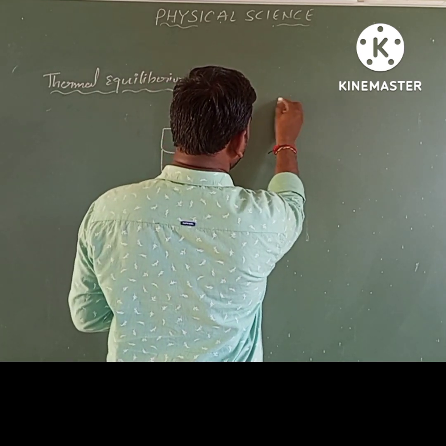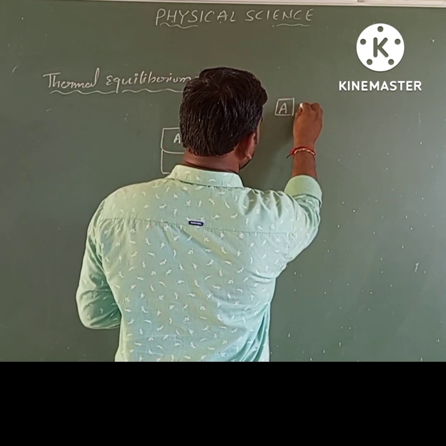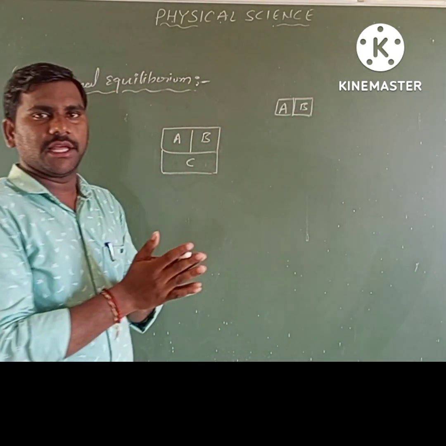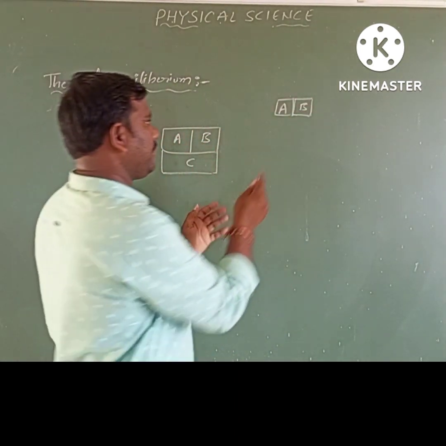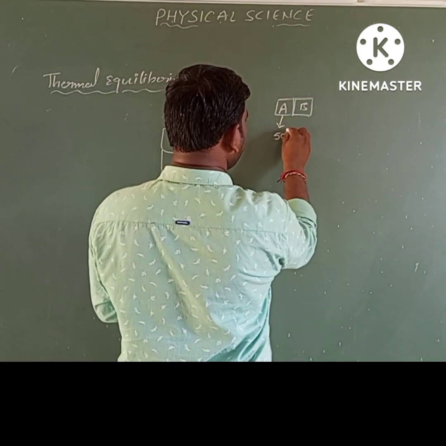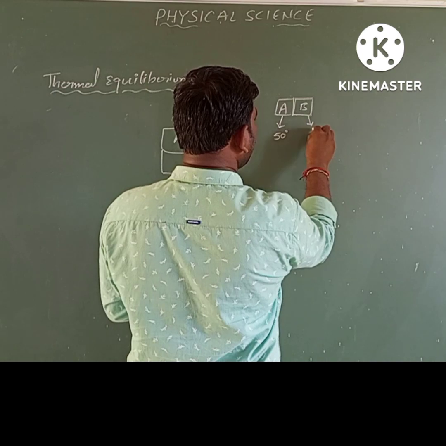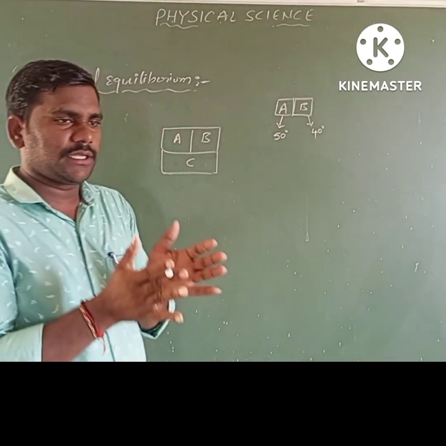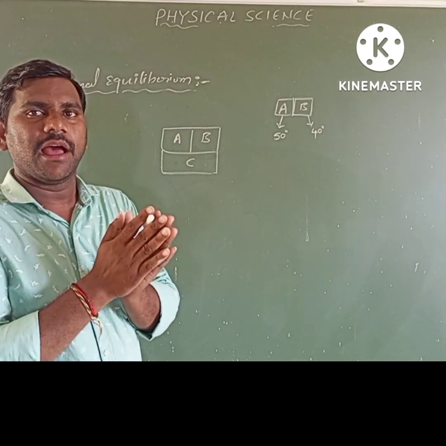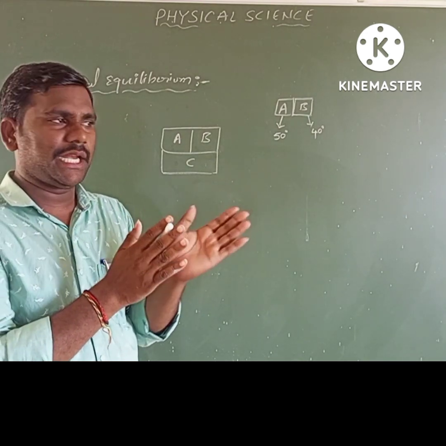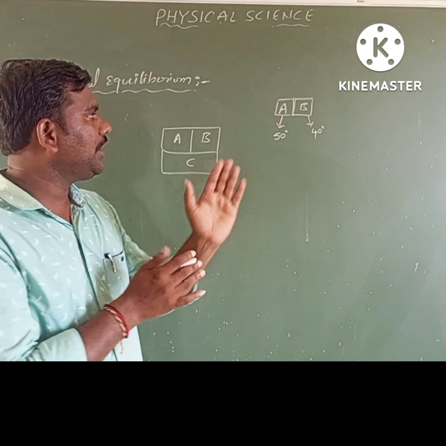Suppose we take a body A and another body B, and these two bodies are kept together. Suppose the first body's temperature is 50 degrees and the second body's temperature is 40 degrees. When the two bodies are placed together, heat, which is a form of energy, can be transferred from the hot body to the cold body.